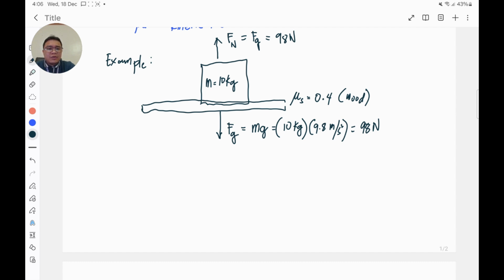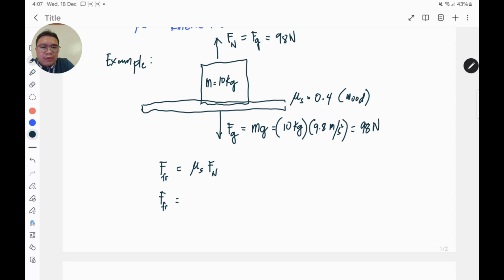Now, in order for us to calculate the frictional force experienced by this box, all we need to do is, again, just write the equation for the frictional force using our static friction coefficient, which is mu sub s multiplied by your normal force. Okay? So we can substitute the values right now.